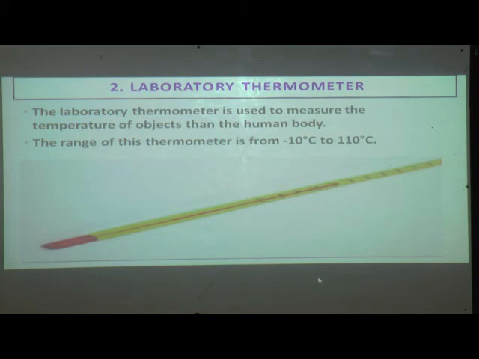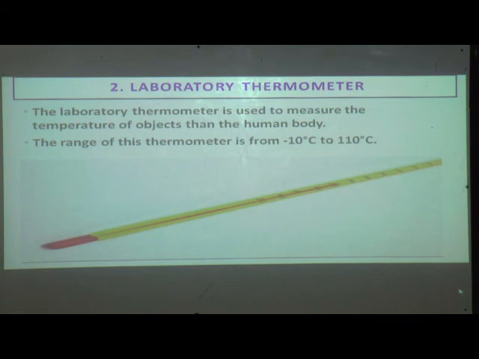Laboratory thermometer is used to measure the temperature of objects other than the human body. We learned that the clinical thermometer has only a small range, so it cannot measure below 35 degrees Celsius and above 42 degrees Celsius. That is why we made this laboratory thermometer.